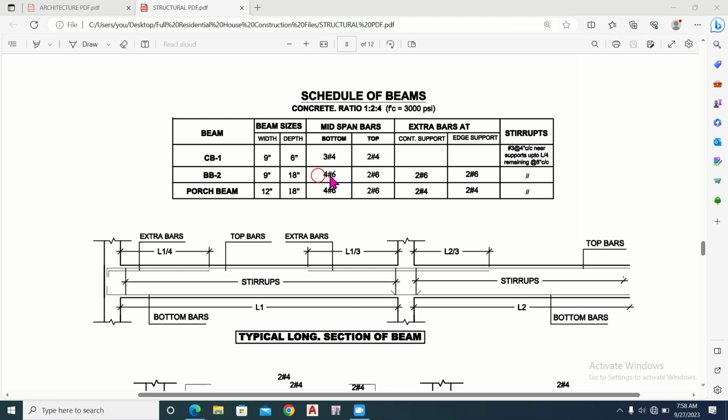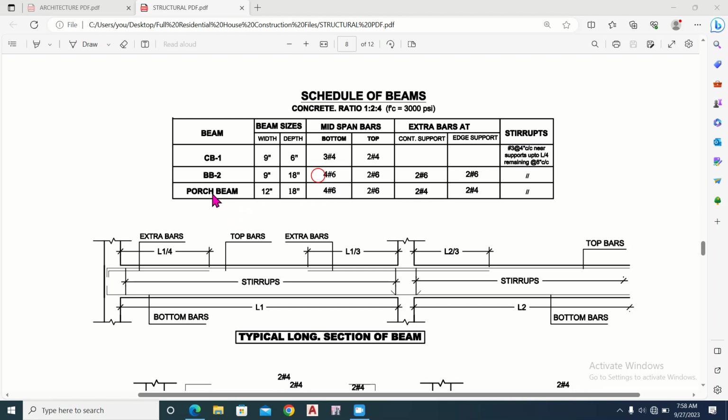At the bottom we have to provide 4 number 6 bars, and at the top we have to provide 2 number 6 bars, and the extra bar at the continuous support we have to provide 2 number 6 bars, and at the edge support we have to provide 2 number 6 bars as the negative reinforcement.